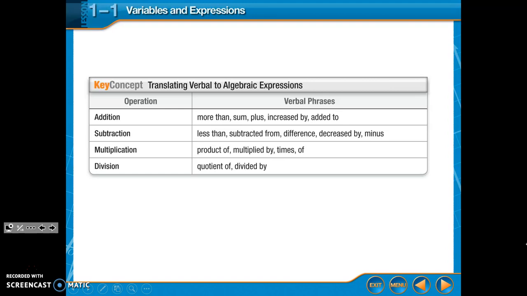I want you to take note of this less than. That's going to be a key one that we're going to have to focus on because a lot of times that one gets messed up, but we'll look at it. All right, so for multiplication, we have product of, multiplied by, times, and of. You see of, that one's not as obvious. Of is multiplication. Okay, and division, quotient of, and divided by.